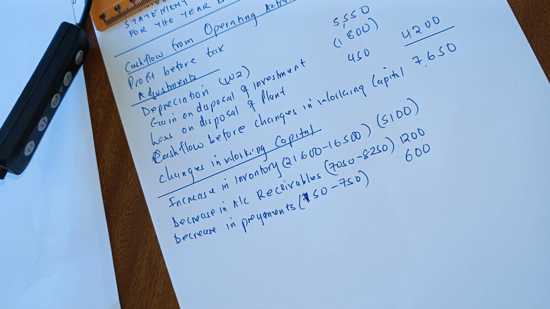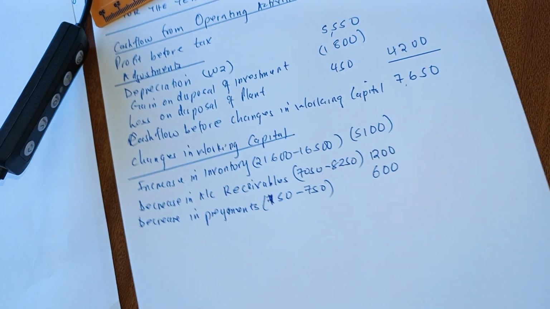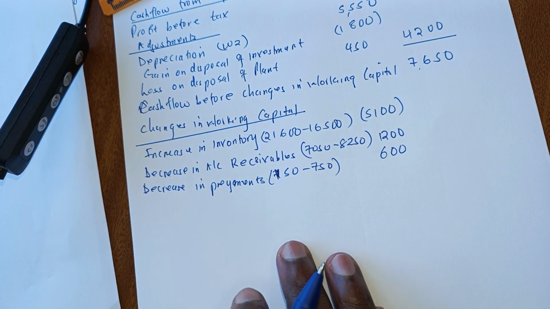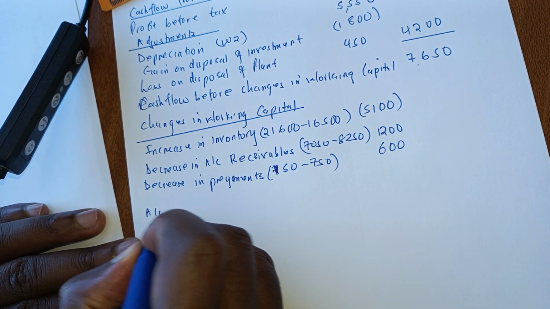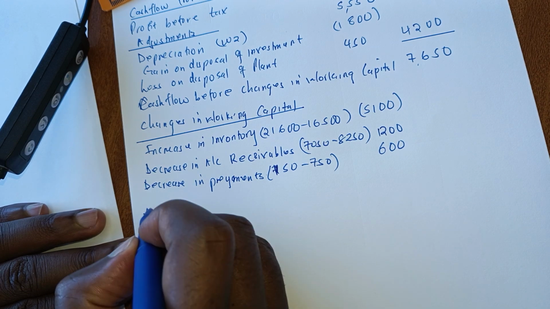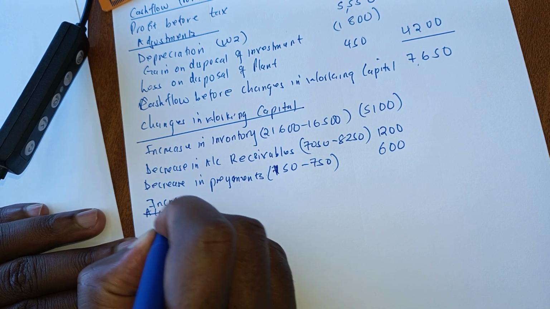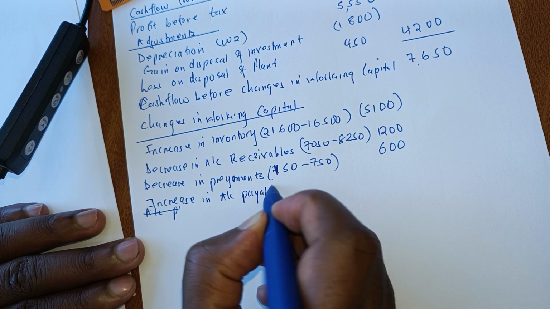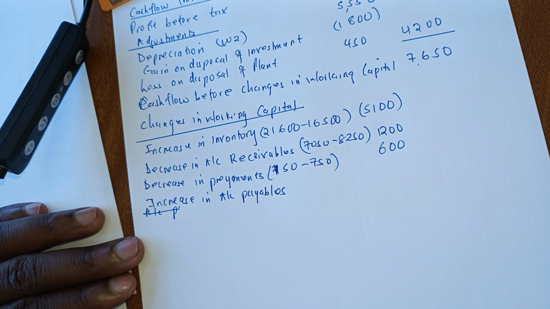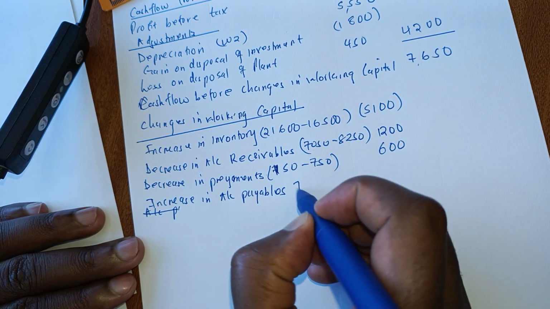And then when we come to accounts payables, you can see they increased. When accounts payables increase, it means that you are not paying your dues, so you are retaining more cash in the business.